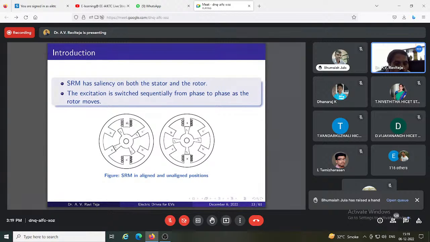First, if I energize A to A', I give positive voltage. Some current will flow from A to A' in these windings, and when current flows, a magnetic field is established between A and A'. Once the magnetic field is established, this rotor, since it is made of a magnetic material, will try to align itself according to A and A', choosing the least reluctance path.